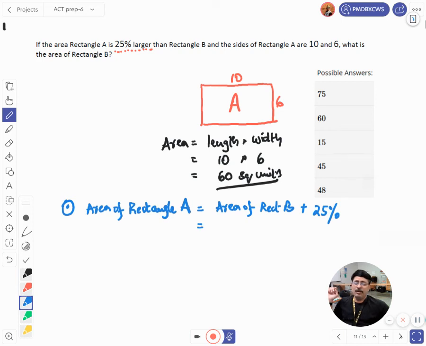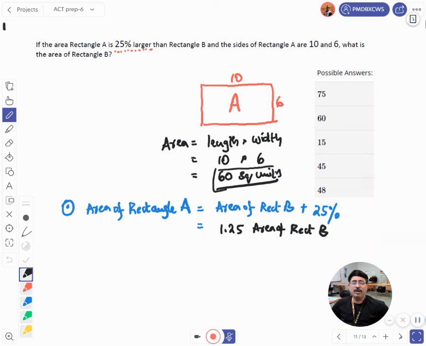Therefore, let me talk in terms of money. $1 plus 25% means that is $1.25, so it is 1.25. Does it make sense? So 1.25 times area of rectangle B equals area of rectangle A.